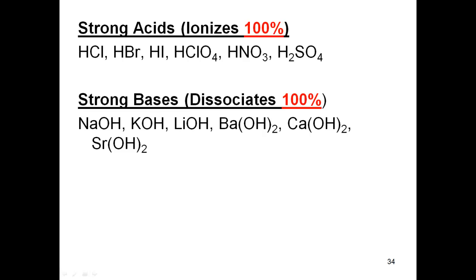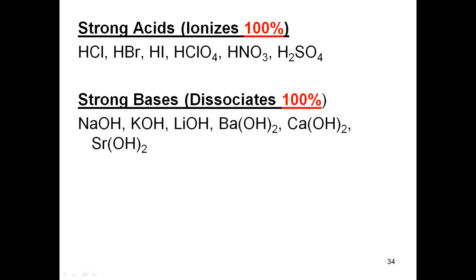The bases. Strong bases tend to dissociate 100%. Same thing, they break up 100%. Weak bases do not. Strong bases are your group 1 hydroxides and barium, calcium, and strontium. So sodium hydroxide, potassium hydroxide, lithium hydroxide, barium hydroxide, calcium hydroxide, and strontium hydroxide. Now the weak base is a little more difficult.